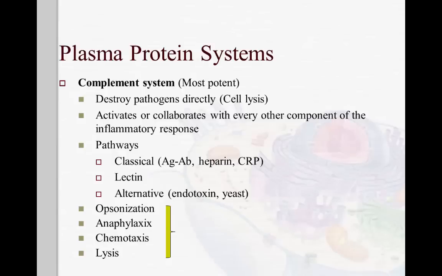Now again, you know that the complement system is basically activated through inflammation and infection, but there are other components that could also activate the classical pathway, and this could be heparin, for example, or C-reactive protein. And this is the reason why C-reactive protein is a sensitive marker to measure inflammation.